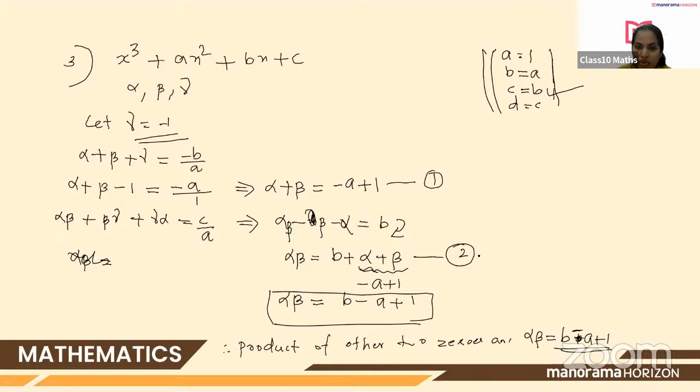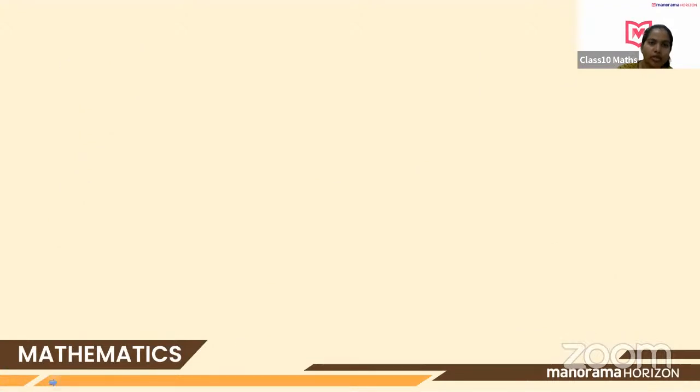We take it as equation 2, and we know that alpha plus beta is minus a plus 1 from equation 1. Substituting that value into equation 2, we get alpha beta is equal to b minus a plus 1. So that is the product of other two zeros, alpha into beta, which is equal to b minus a plus 1. Okay, clear? So moving to the next set of questions, 2 mark questions.